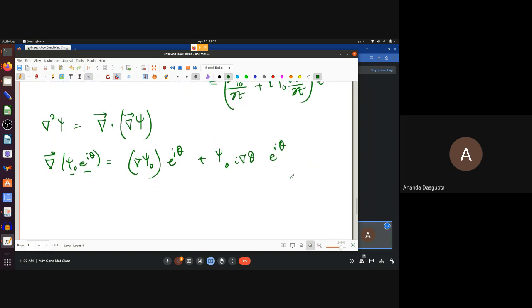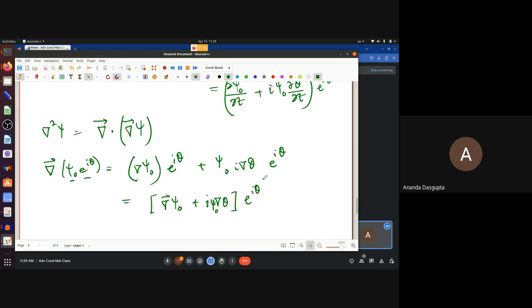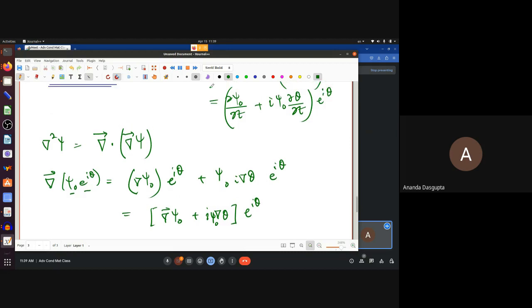I hope everybody is familiar with these basic equations of vector analysis. In fact, you should appreciate that these two equations, del psi del t and grad of psi 0 e to the i theta, look very similar. Here you have del t, there you have grad. That's it.